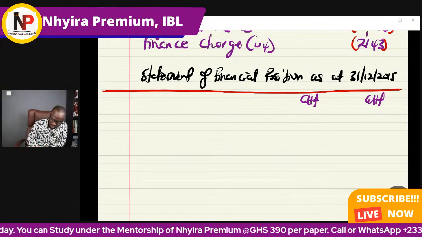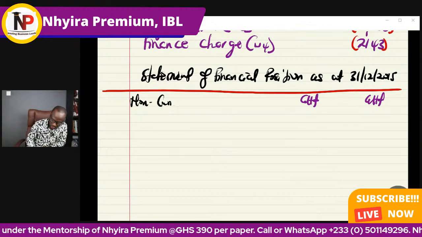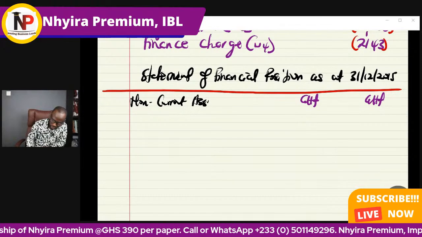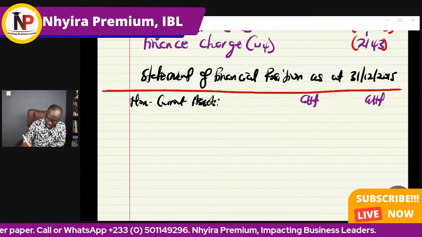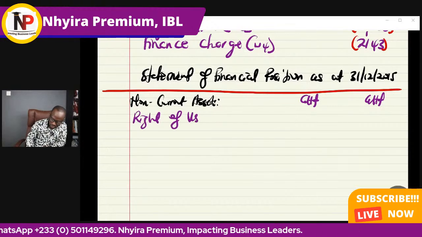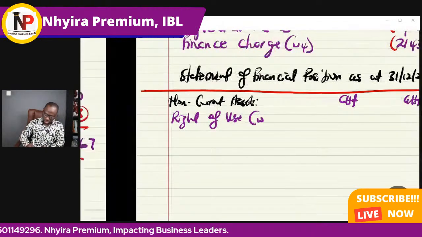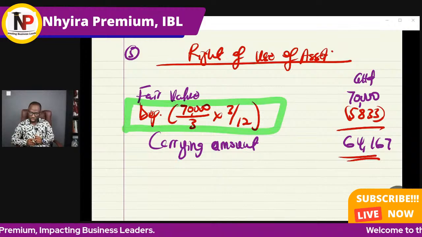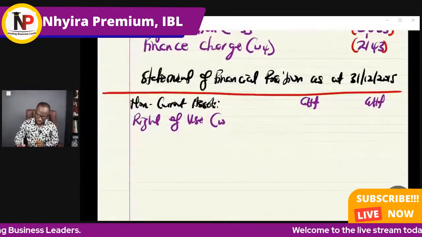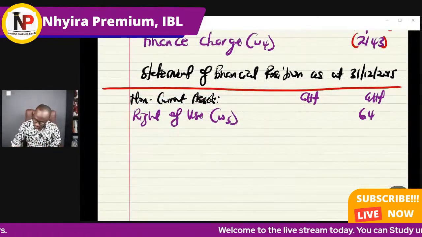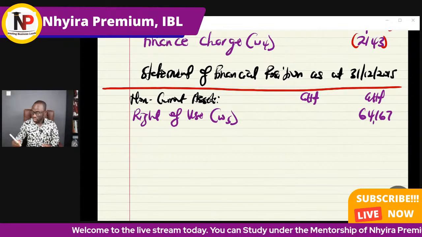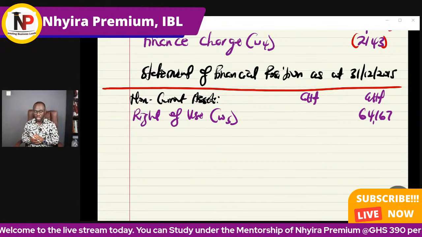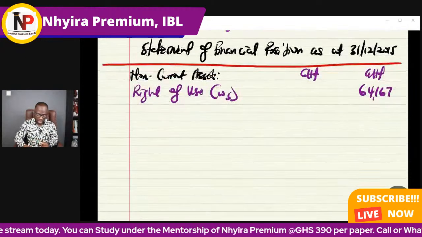We bring the non-current assets. Under that, we bring the right of use assets. We did the workings for that, workings 564,167. So that is our right of use asset for the period under consideration.